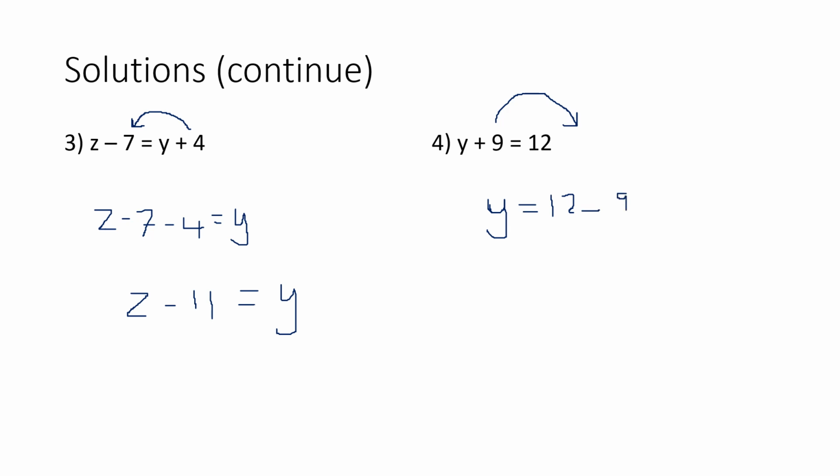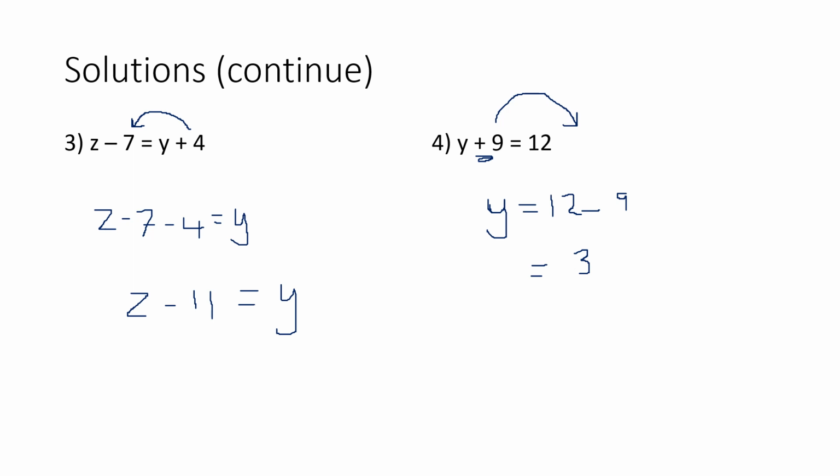Why minus 9? Because again, it was positive here. So when I bring it over, remember transposition, positive becomes negative. If it was negative, then it will become positive. And that will leave me with y simply being equal to 3.